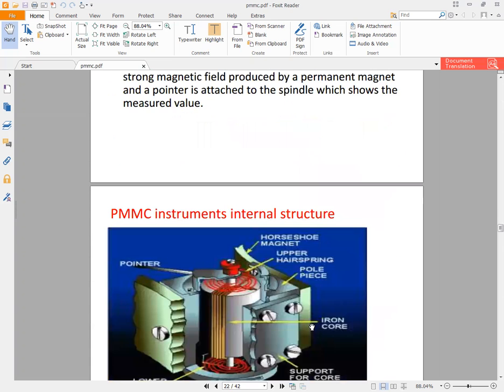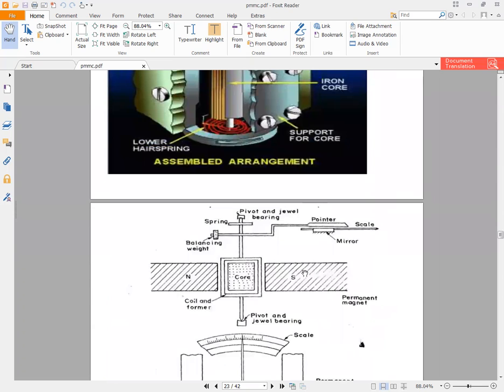In this construction, between the two permanent magnets, the poles produce a magnetic field and the coil is placed in between the magnetic field. Therefore, whenever the magnetic lines of force are cut by the conductor, a force is exerted.